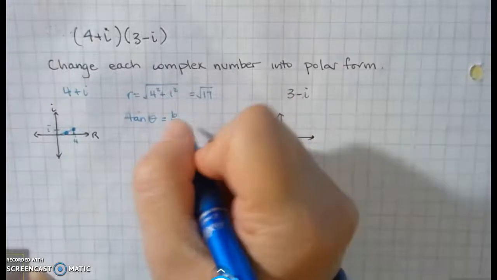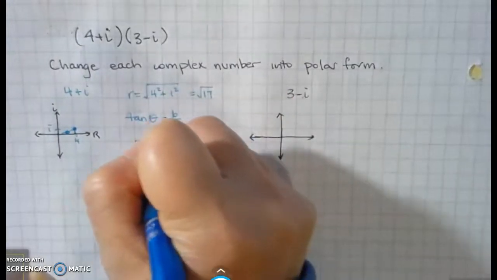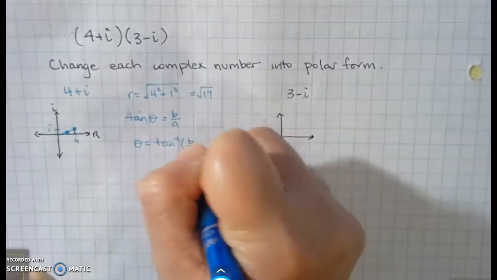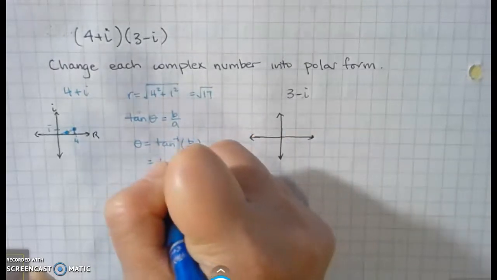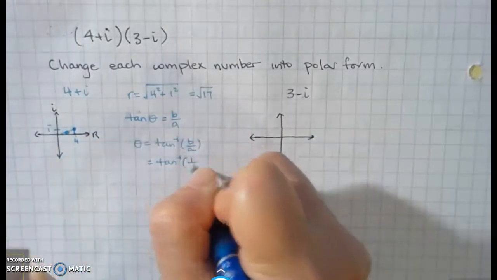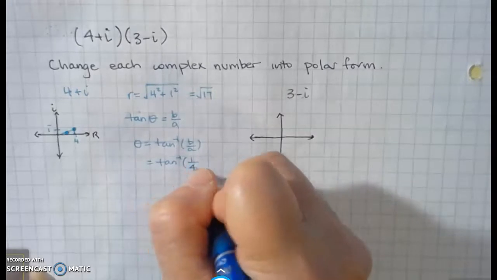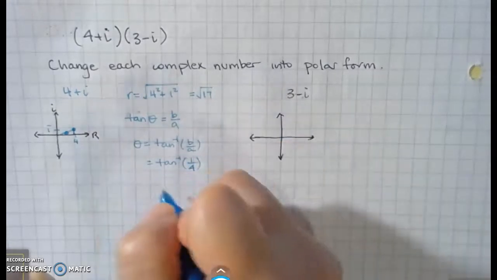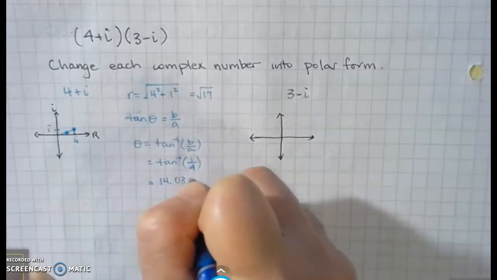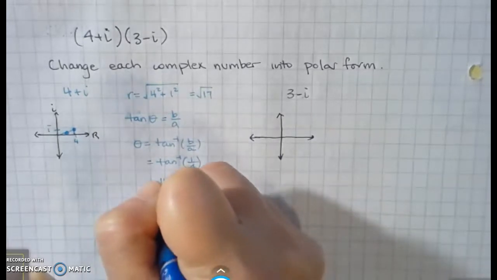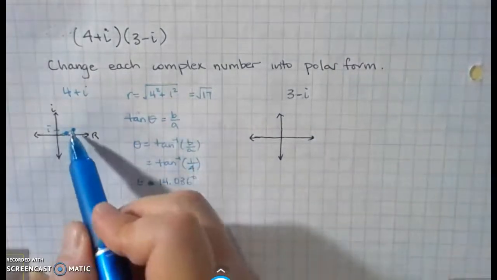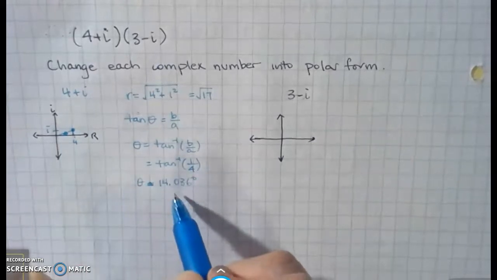That means that theta is going to be inverse tangent of b over a. And what is b? b is positive 1 and a is positive 4. So it's going to be 1/4. And if I use the calculator, I get 14.036 degrees approximately. Okay, so it's a very small angle. And since it's in quadrant 1, this will be a correct angle measure.